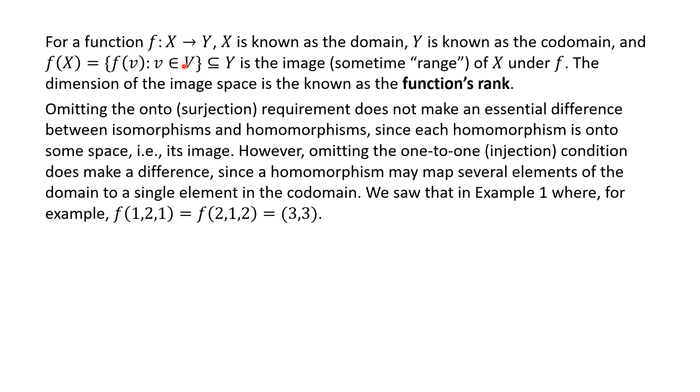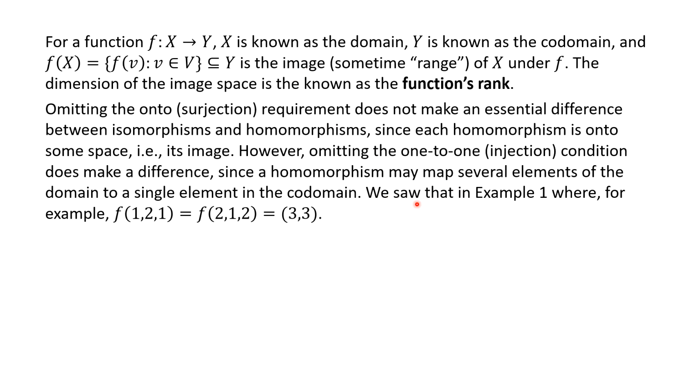So if you have a homomorphism f from vector space X to vector space Y, we can always say that f is onto f of X, the image of the mapping. The real problem in terms of differentiating between homomorphism and isomorphism is the one-to-one property. We can't fix that by just mapping to the image.